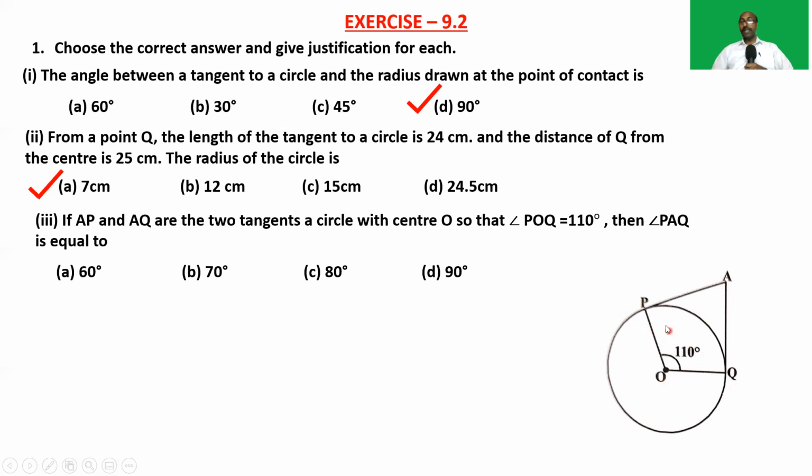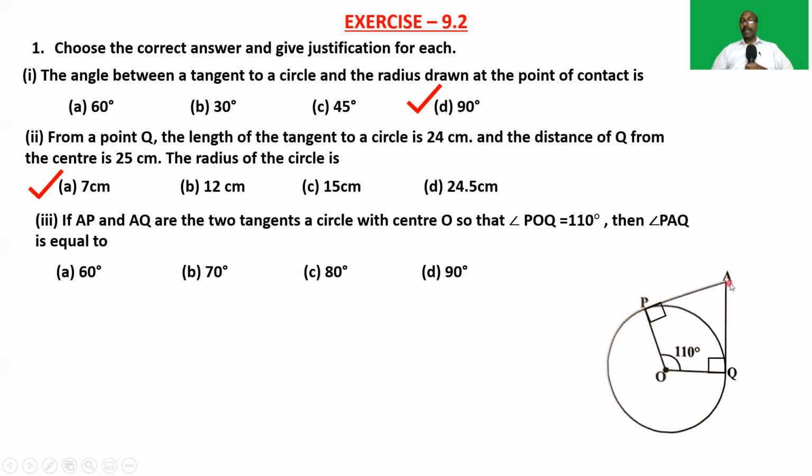And students, we know that the angles at P and Q are 90 degrees because these two are the angles between the radii and tangents at the point of contact. So angle P is equal to angle Q is equal to 90 degrees.